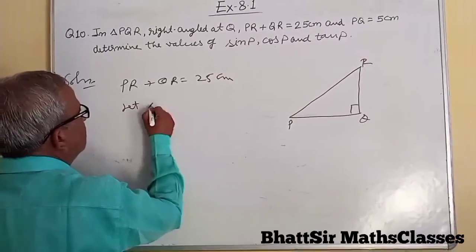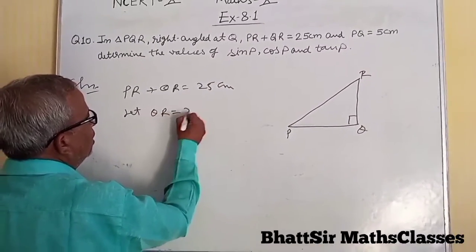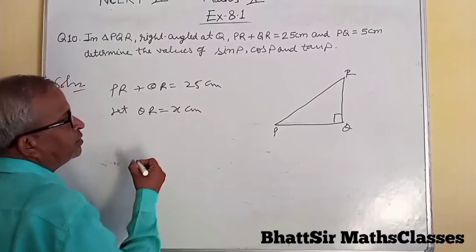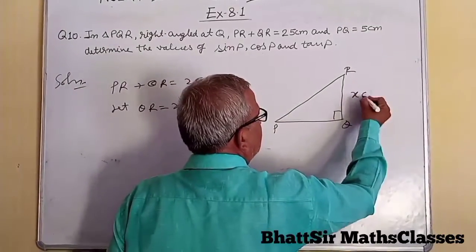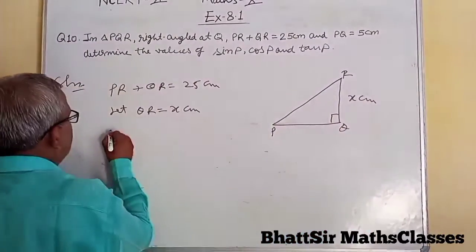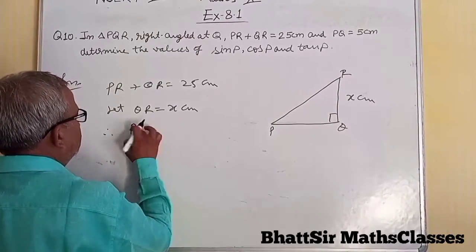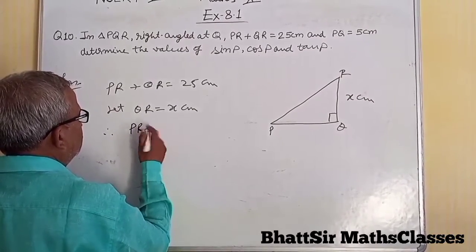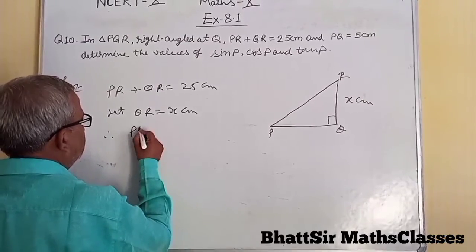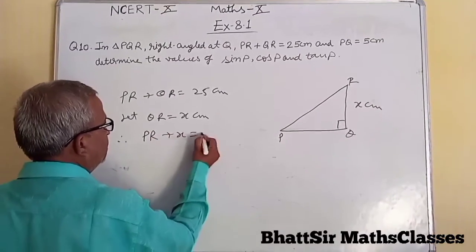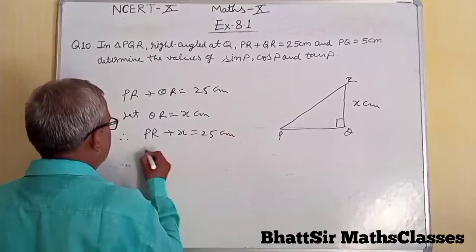Let QR equal to X centimeter. Therefore, PR plus X equal to 25 centimeter.